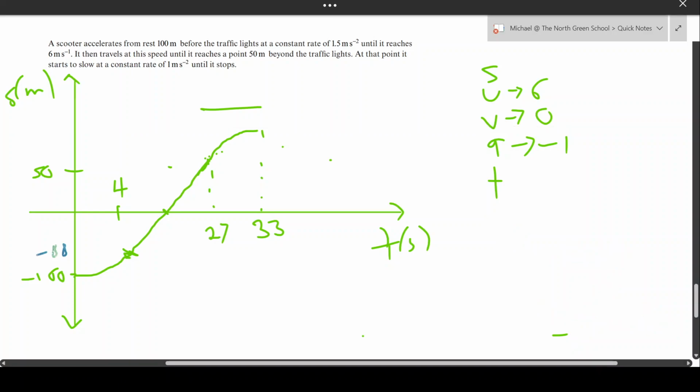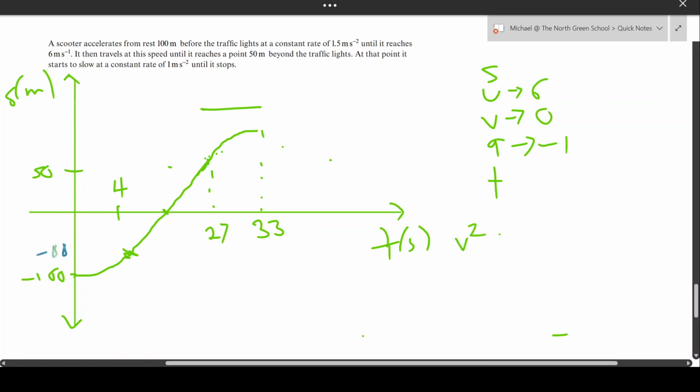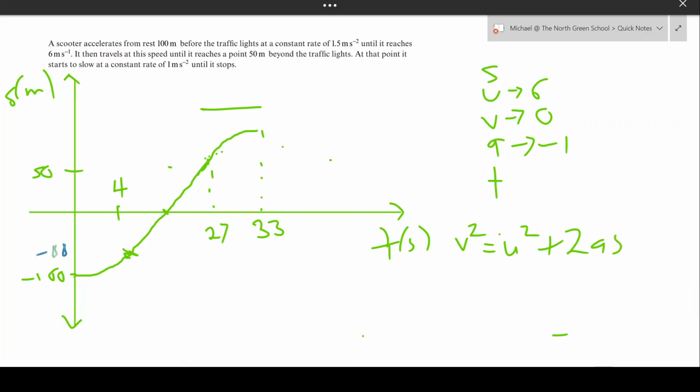We also need to figure out the displacement. I'm going to use a different formula, the v squared formula: v squared equals u squared plus 2as. So 0 is equal to 36 plus 2 times -1 times s. Then 2s is equal to 36, and s is equal to 18.